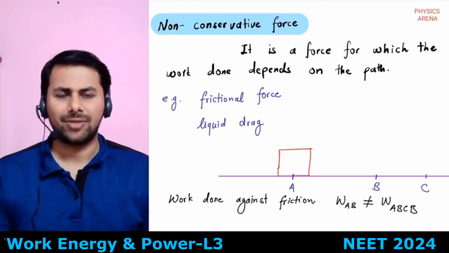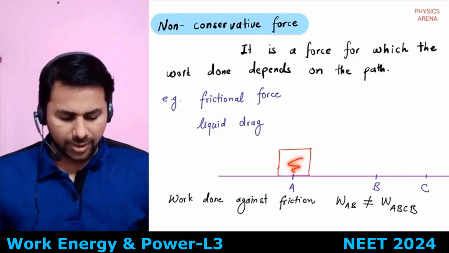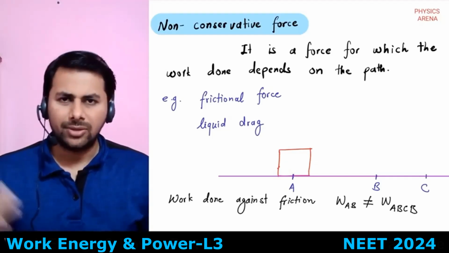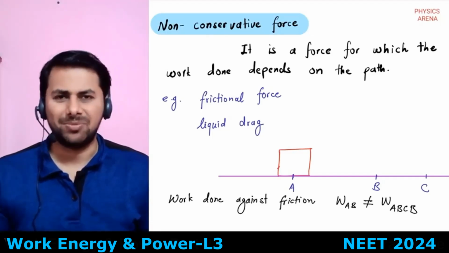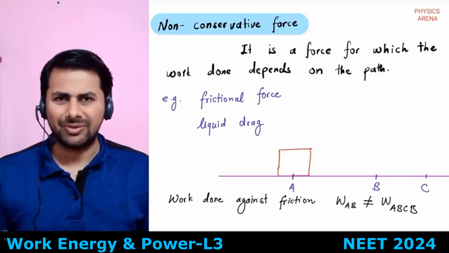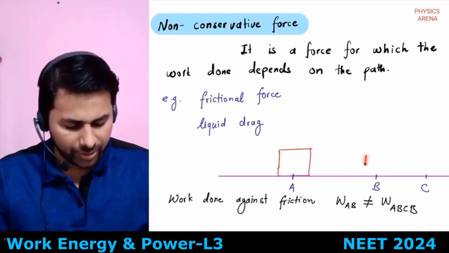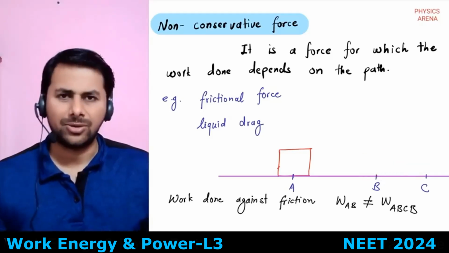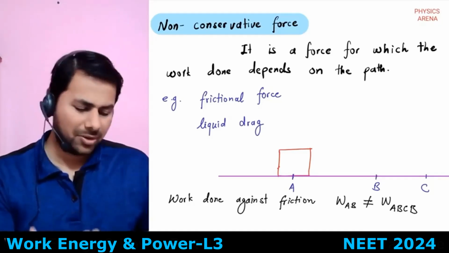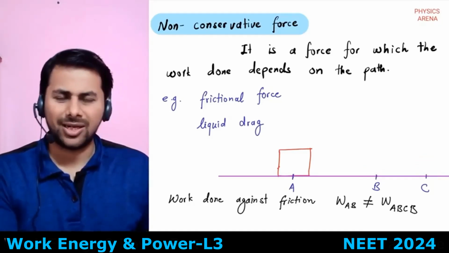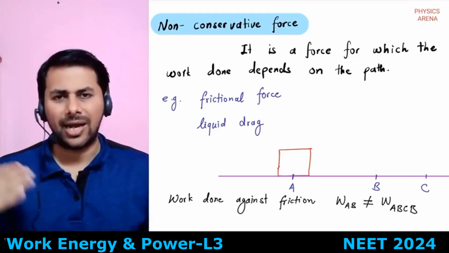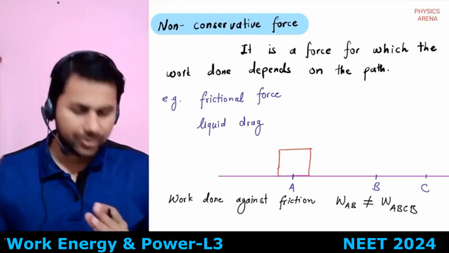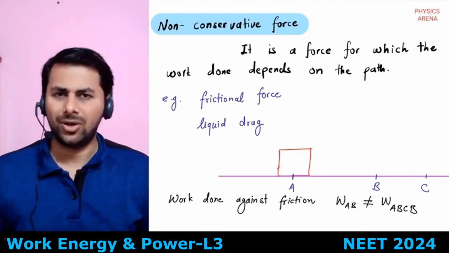Why? Because here at each and every point you have to do work against the friction. It will never happen that friction will help you. So suppose I move it from B to C, I have to do work against the friction. Now if I move it from C to B, it's not like friction will help me in moving it from C to B. I have to do work against the friction always.